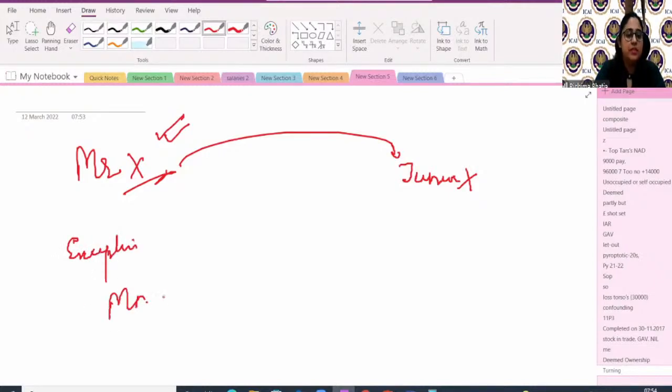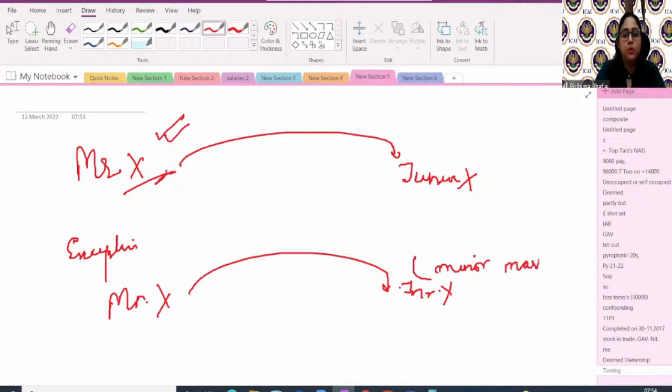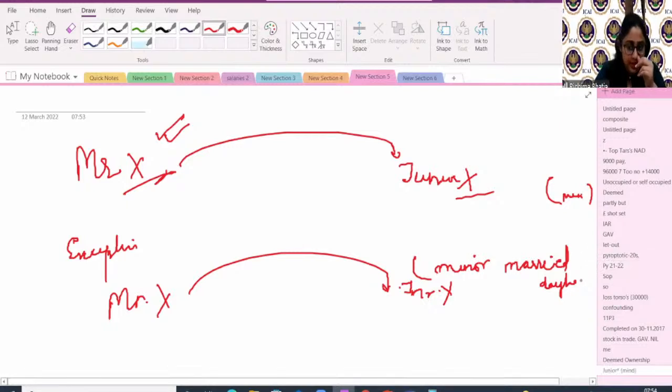If Mr. X transferred the property to Junior X, who is a minor married daughter, Junior X means minor, okay, then in that case this deeming provision would not be applicable.